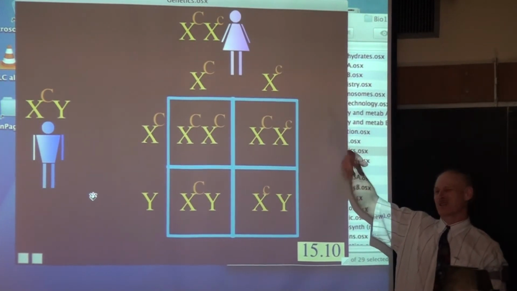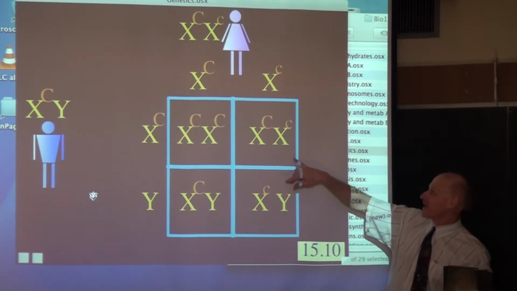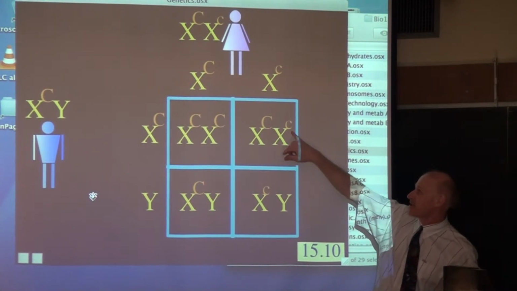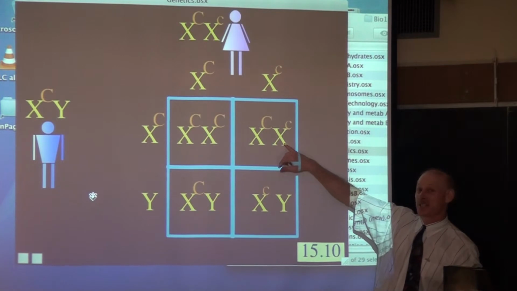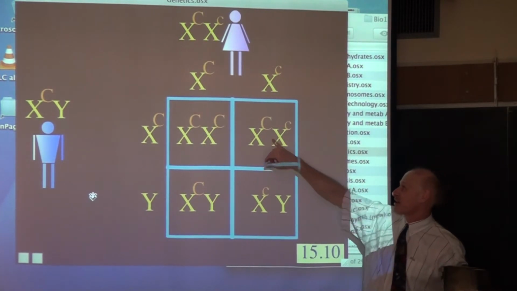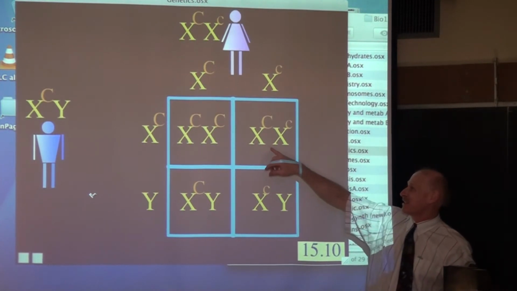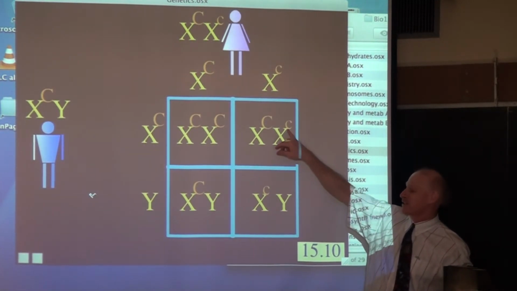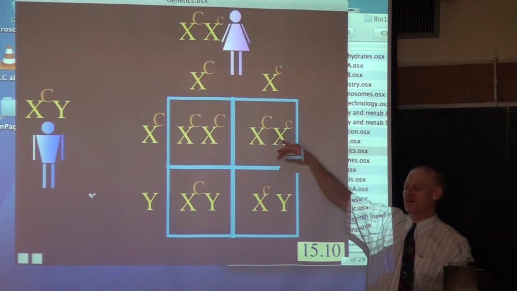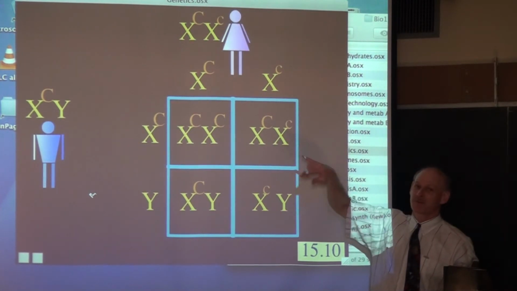And here's the way I think about that. If a woman inherits a recessive gene on one of her X chromosomes, she's got a second chance, because she's going to inherit another X chromosome from the other parent. And the chance of getting two recessive alleles, if it's a disease allele, is pretty low, because recessive alleles tend to be pretty rare.